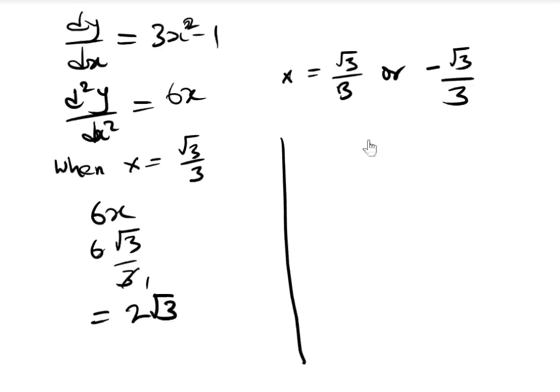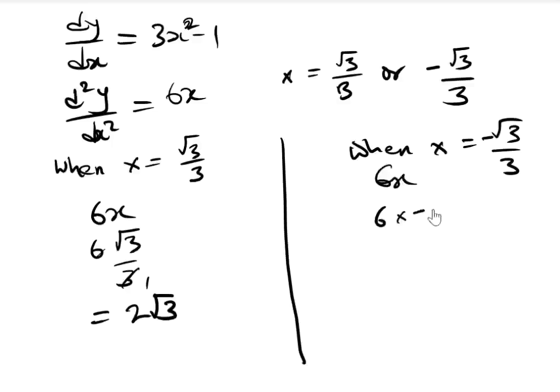And when x is equal to minus root 3 divided by 3, we have 6x. If I substitute, 6 multiplied by minus root 3 divided by 3, this will be equal to minus 2 root 3.